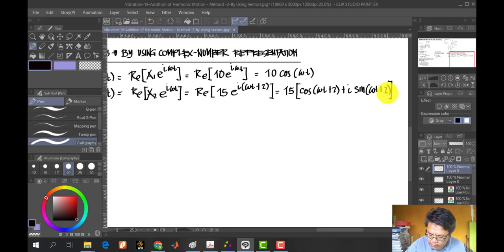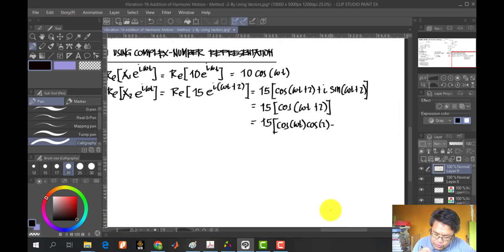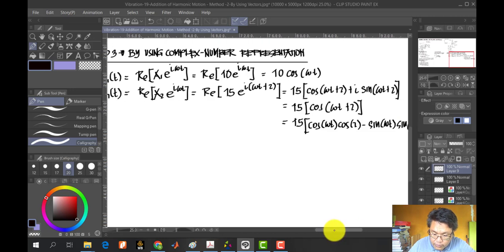Taking the real part, this can be expressed as 15 cosine of angular velocity times time plus 2, or we can further express it as 15 times cosine of angular velocity times time, cosine of 2, minus, by the trigonometric relationship, sine of angular velocity times time, sine of 2.